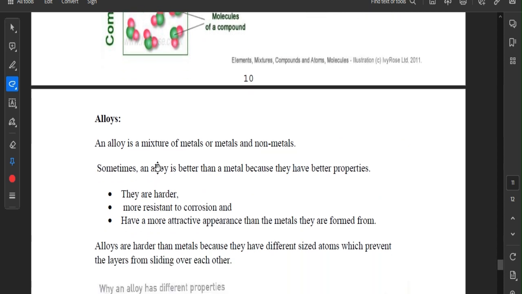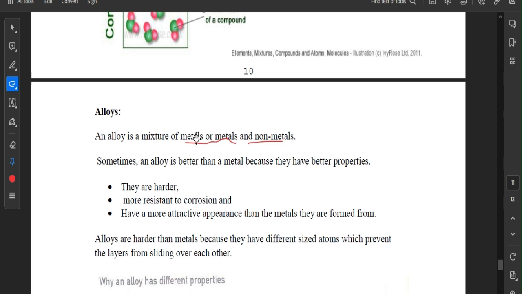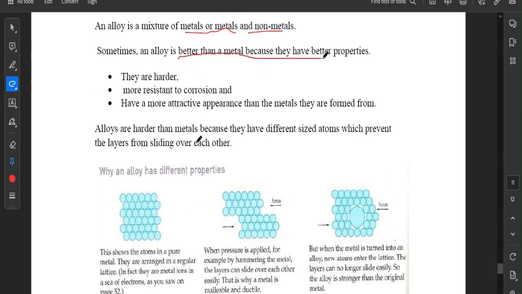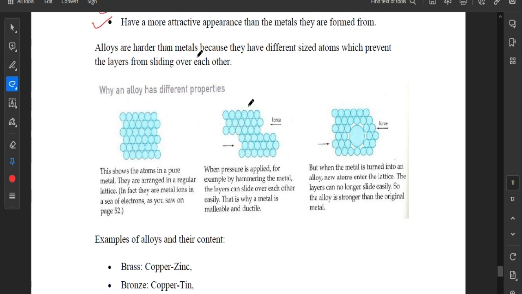Alloys. An alloy is a mixture of metals, or of metals and non-metals. Sometimes an alloy is better than a metal because it has better properties. Alloys are harder, more resistant to corrosion, and have a more attractive appearance than the metals they are formed from. Alloys are harder than metals because they have different sized atoms which prevent the layers from sliding over each other.